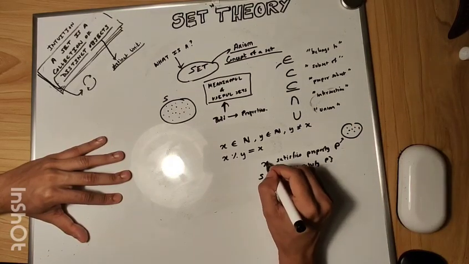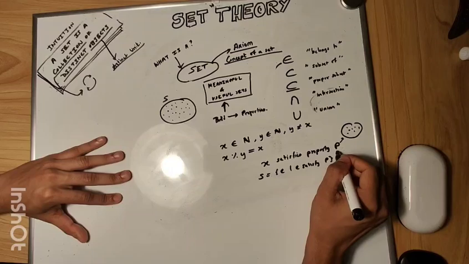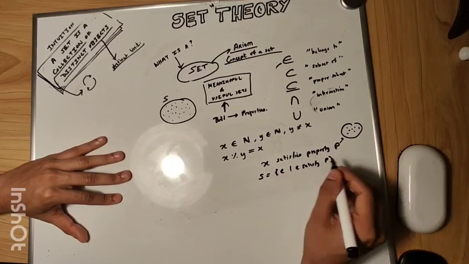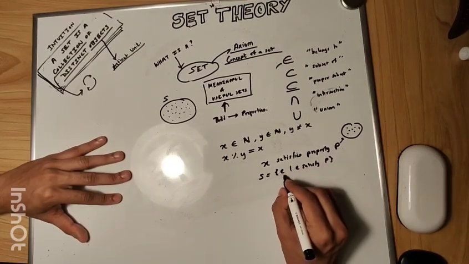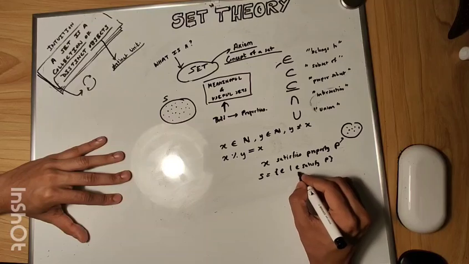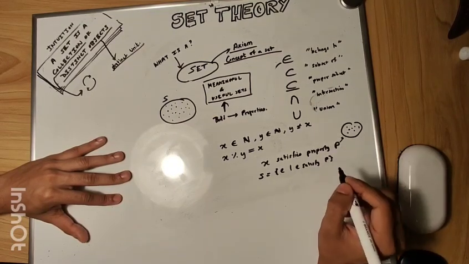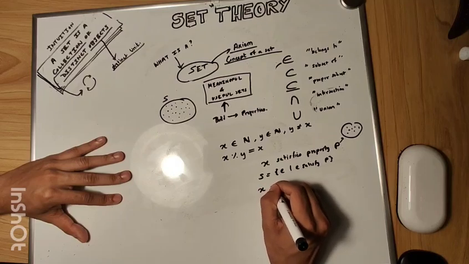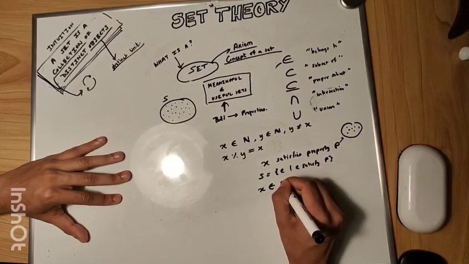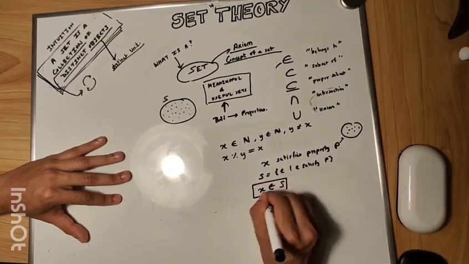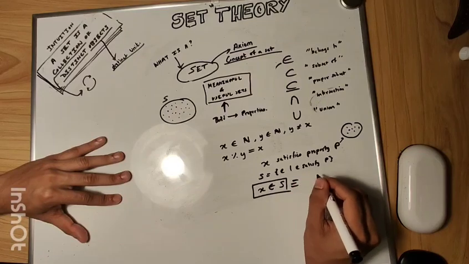So let's say that an element X satisfies property P, and then if you have S, which is defined as the set such that every single element satisfies properties also in P, then it must mean that X belongs to S. So these two are the same things.